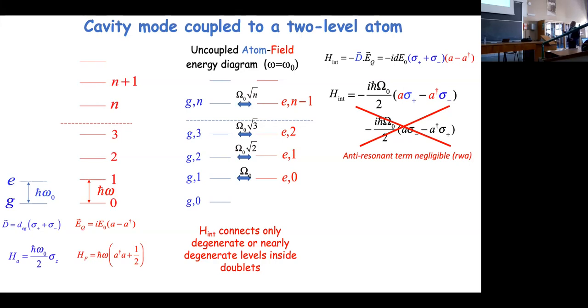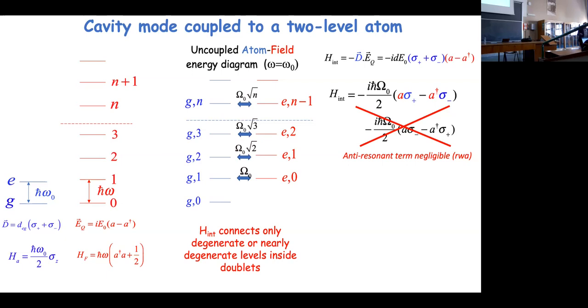So in fact, you get 4 terms. But out of these 4 terms, there are 2 which are resonant and 2 which are anti-resonant. If you take A sigma plus, what it means is that you excite the atom and de-excite the field, or the opposite. These are terms which are important because they conserve energy. The energy is just going from one system to the other.